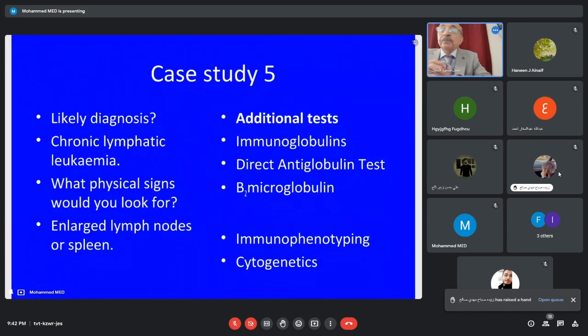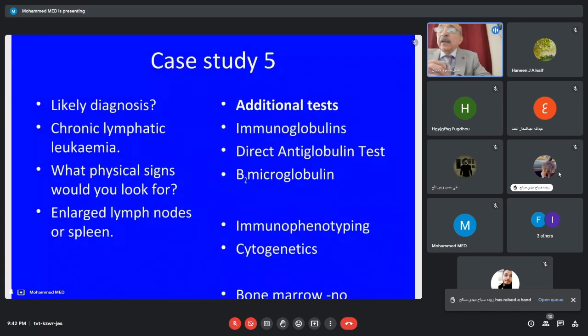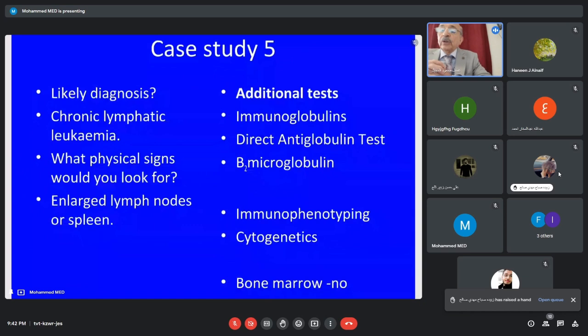Next slide, please. Likely diagnosis, yes, chronic lymphocytic leukemia. What physical signs will you look for? I will look for lymphadenopathy. I'll examine all groups of lymph nodes. I'll examine the spleen. I'll examine the liver. The spleen, the liver, the lymph nodes, bone marrow, we call these the reticuloendothelial system.